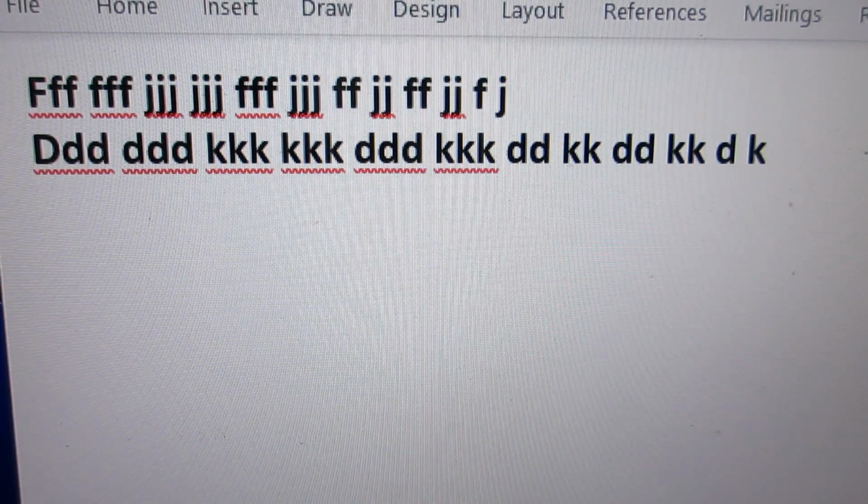Okay, do this line two times or three times again.